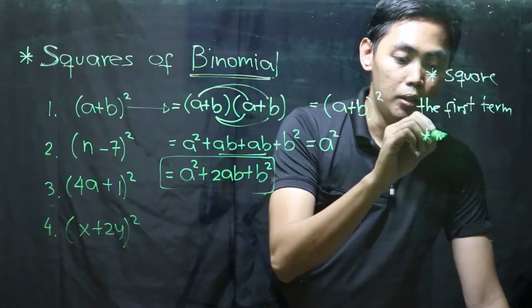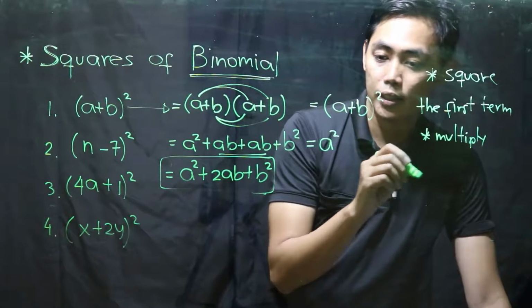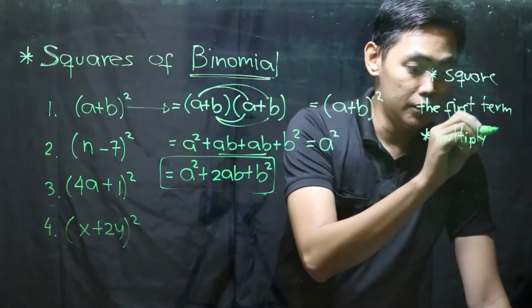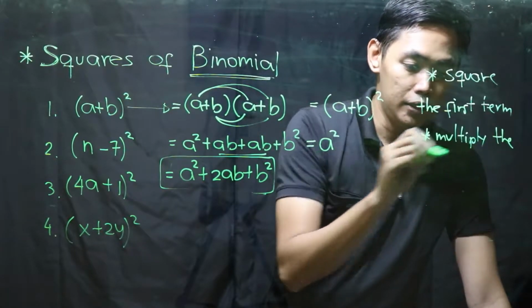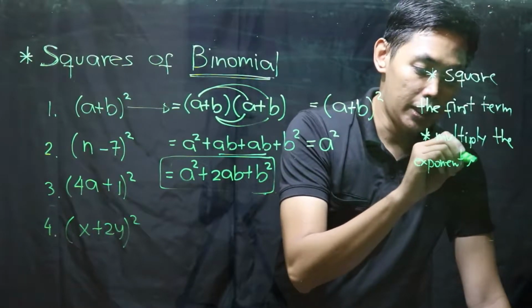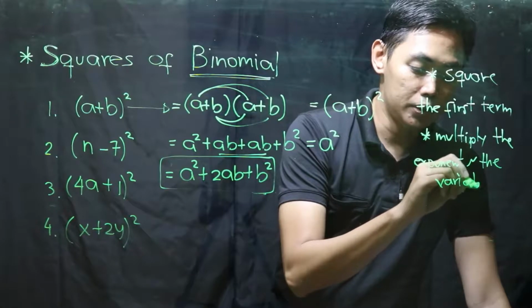Then multiply the exponent and the variables.